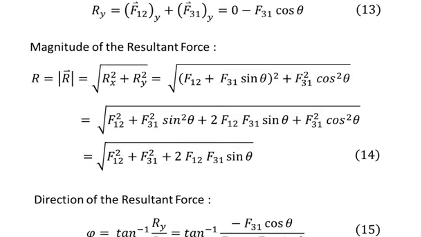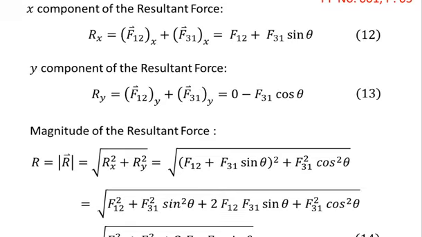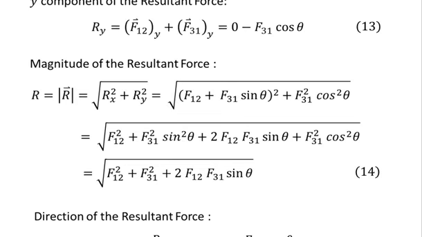I am putting the value of Rx from equation number 12 and the value of Ry from equation number 13, which I have substituted over here. Now the matter is just simplification. You have found the resultant from the first step, but if you want to rewrite the resultant in a more elegant mathematical form, then you need to carry out some mathematical manipulations.